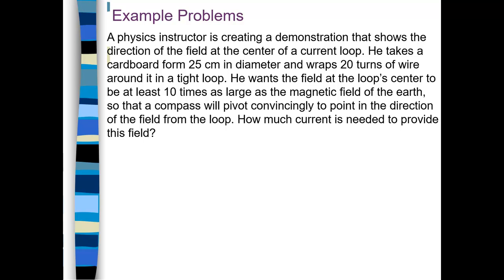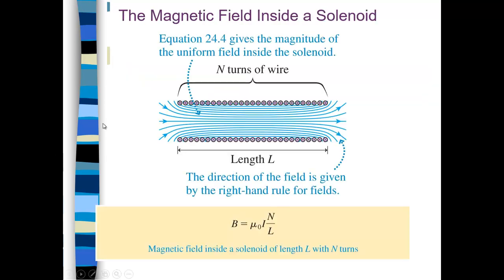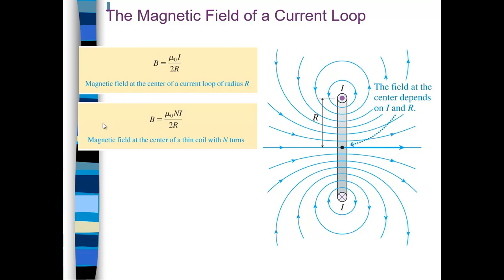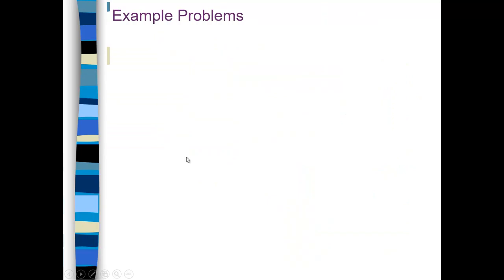So we go back a few pages, and here is our equation: B is equal to our permeability constant times the number of turns times the current divided by 2 times the radius. That's our governing equation.